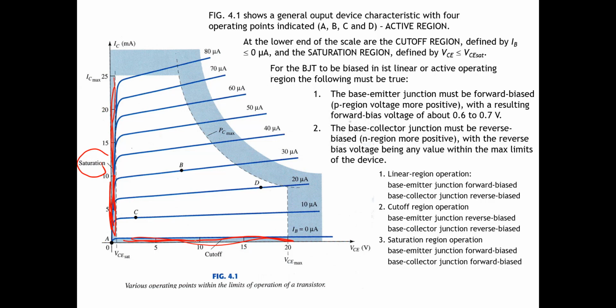The linear region is similar to the active region. In the active region, the base emitter junction is forward biased, and the base collector is reverse biased. In cutoff, two junctions are reverse biased. In the saturation region, two junctions are forward biased.